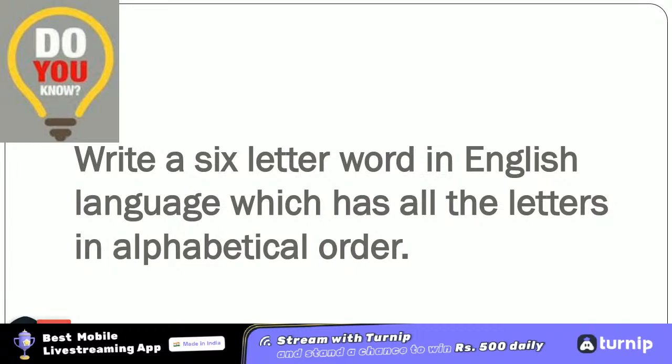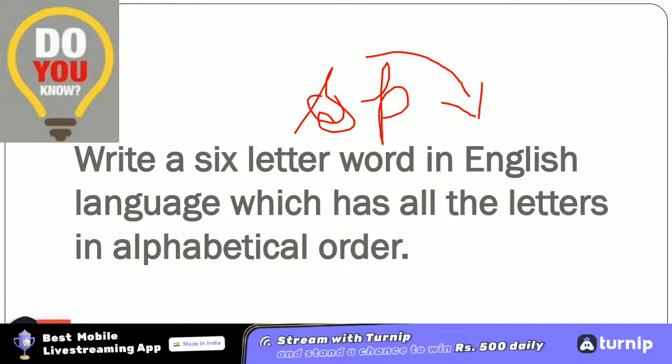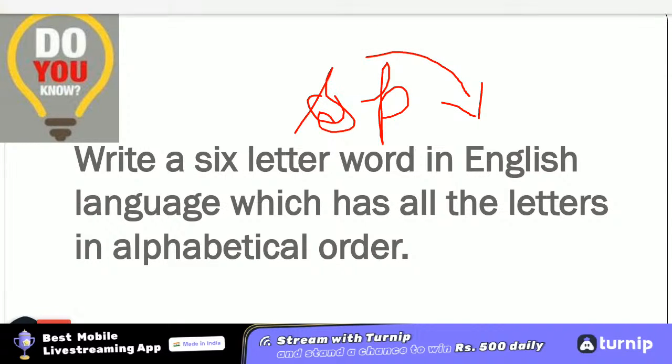That means आपको ऐसा word सोचना है जिसमें letters alphabetical order में हों. That basically means that S must not come before P, because in the alphabet S comes after P. So it must be in alphabetical order. Think of a word and comment it in the comment section.